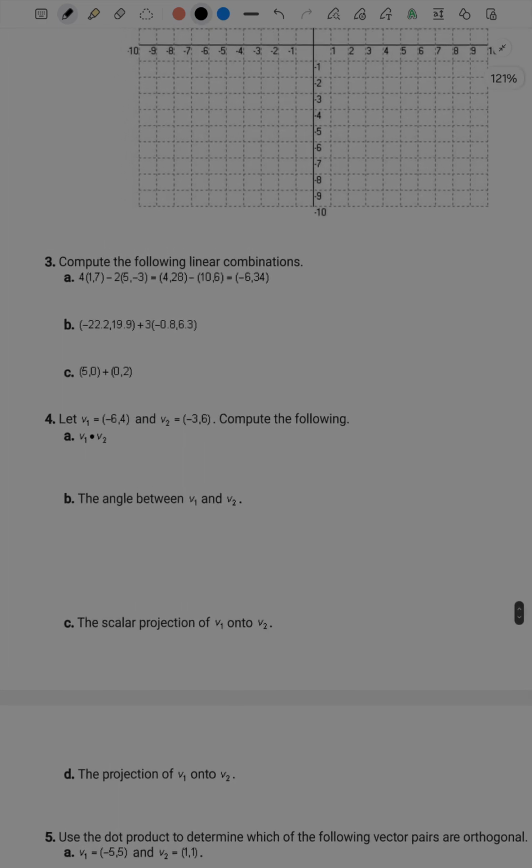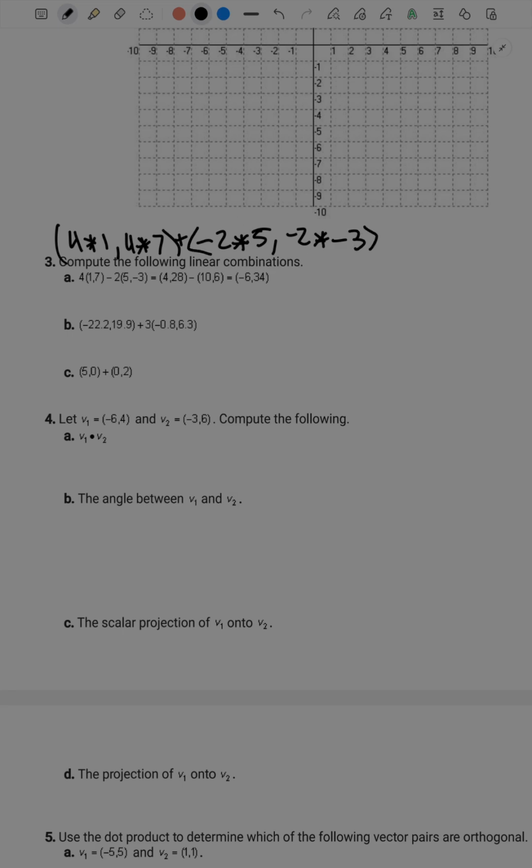So for the first one, you're going to start by doing 4 times 1, comma 4 times 7. And then you're going to find that vector, and then you're going to do the exact same thing for the next step. So we're going to do -2 times 5, comma -2 times -3.